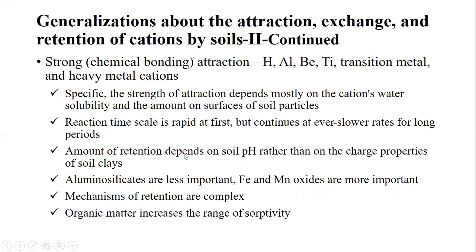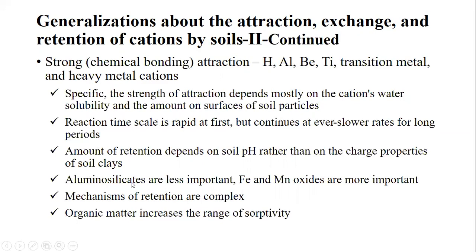The amount of retention depends on soil pH rather than on the charge properties of soil clays. So how much is attracted depends a lot on the pH of the system, the soil pH, instead of just the charge properties of the soil clays. Aluminosilicates are less important.